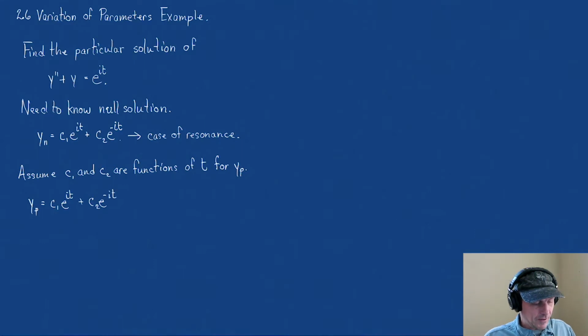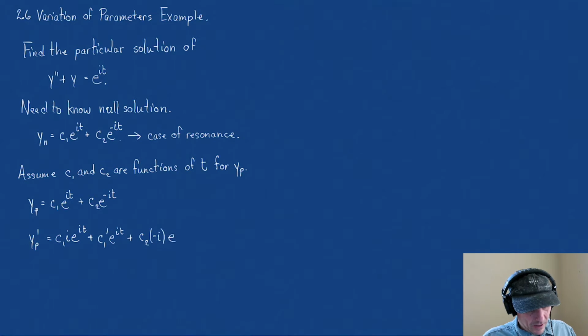Okay, we take its derivative, so we're going to pick up a y particular prime. This is going to be C1 i e to the it plus, now remember, C is a function, so we're going to pick up a C1 prime e to the it. And again, plus C2 times a minus i e to the minus it plus a C2 prime times e to the minus it.